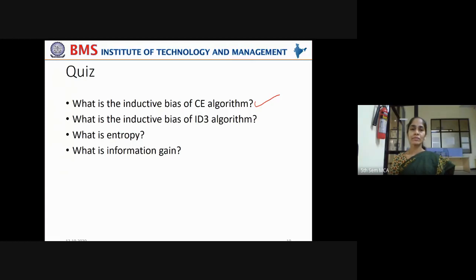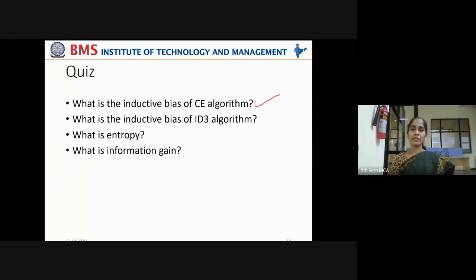Students, what is the assumption we made in candidate elimination algorithm? Not we, but that algorithm. What assumption does it make in order to generalize well with the unseen data? Try to answer this, whether wrong or right.